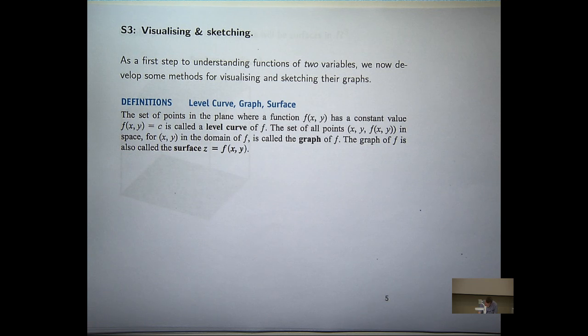Because at some point, you're going to have to integrate over those surfaces. So the region of integration later on in the semester is not going to be an interval, it's going to be a surface. It's very hard to integrate over a surface if you can't describe it or recognise it. That's the motivation for learning surfaces. All right, so some basic definitions.